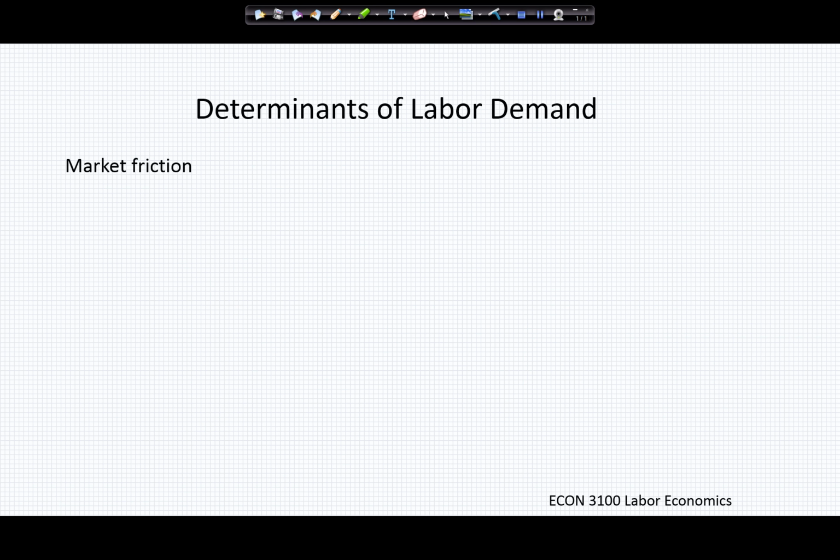Let's look at other forms of friction in the marketplace. Let's assume for a moment that we have a market where there is a labor supply, and we think about a labor demand, but now in this market, there's no contract. There's only one consumer of this labor.